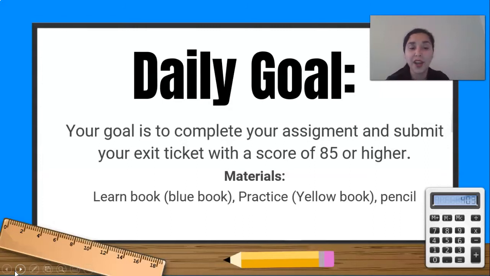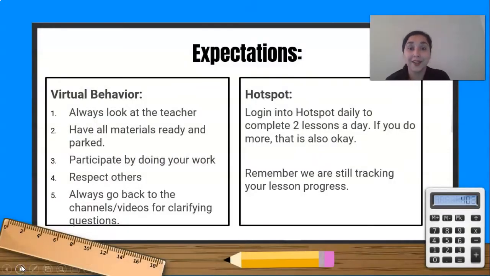The materials for today are your Learn book, the blue one, your practice book, which is the yellow one, and a pencil. Let's go over the expectations while you're watching the video. First, you're sitting tall like a star. You're always looking at the teacher in the video. You have all the materials ready.